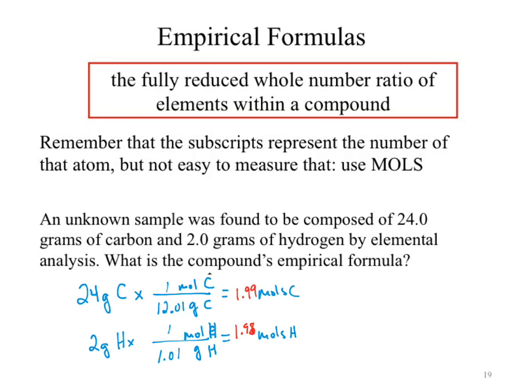When we go through and now try and put this into our formula, we could write this out as C 1.99 and H 1.98. You may get numbers that aren't exactly whole numbers, but they are darn close. So what should we do?